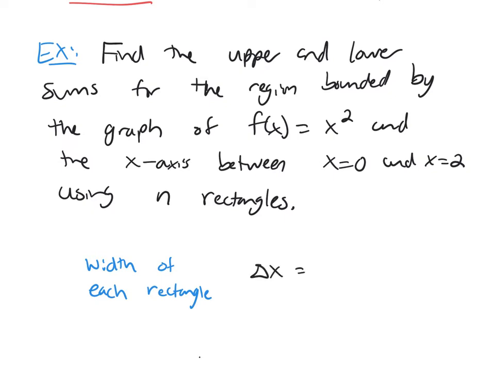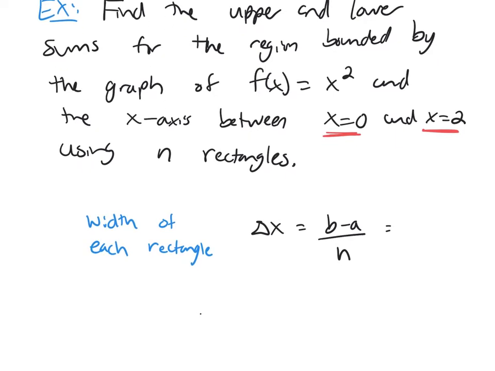The way we get that is we take the length of our interval, b minus a, and divide by our number of rectangles, which is n here. If I look back at my problem, I'm looking between x equals 0 and x equals 2. So b would be 2 and a would be 0. So the width of each rectangle is 2 over n.